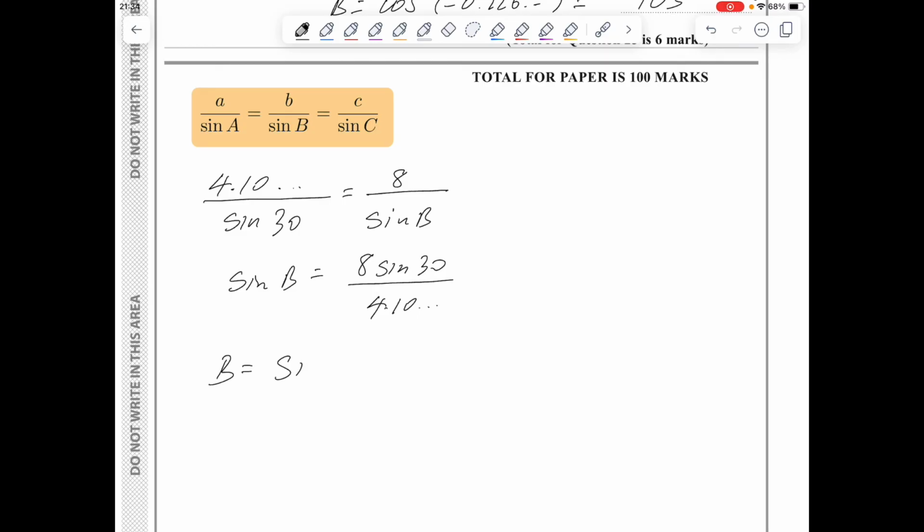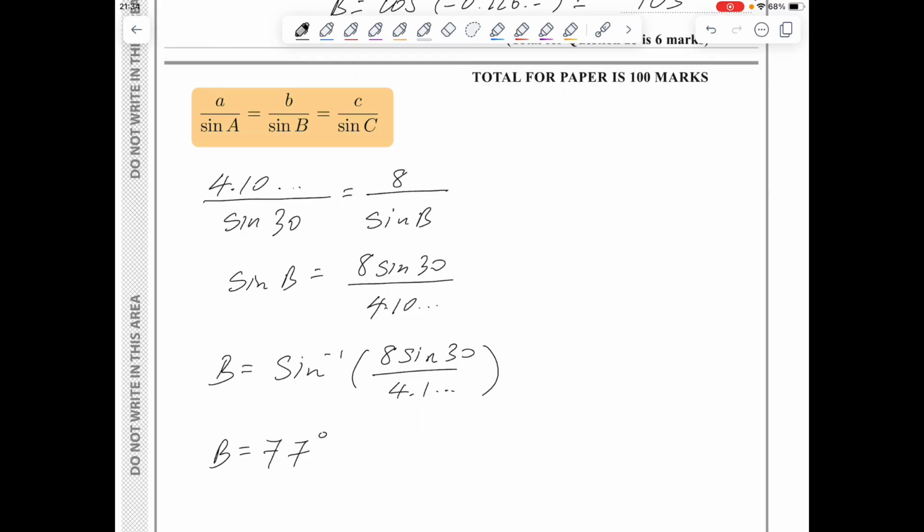B is the inverse sine of this expression. If you put this on the calculator, you'll get an answer of 77 degrees.